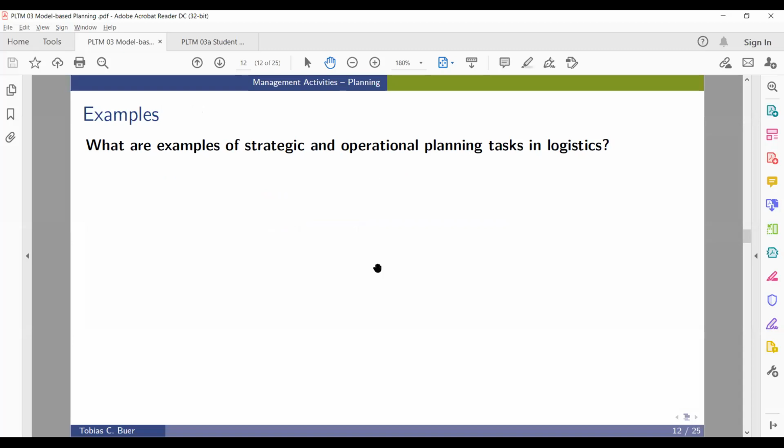Can you tell me an example of a decision related to logistics on the strategic level or on the operational level? From the previous courses, from what you just know, from real life, whatever.